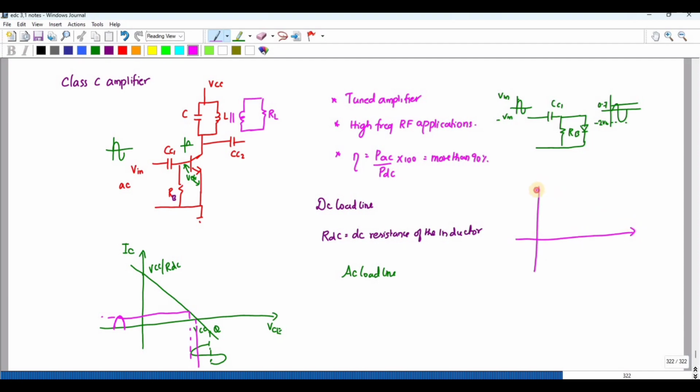So I will get the IC value for less than 180 degrees, a train of pulse signal, which is obtained at the collector output.